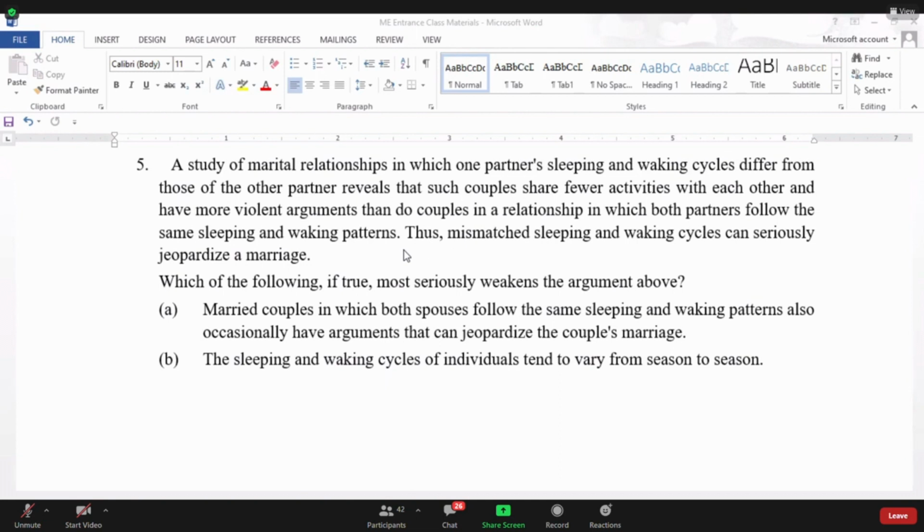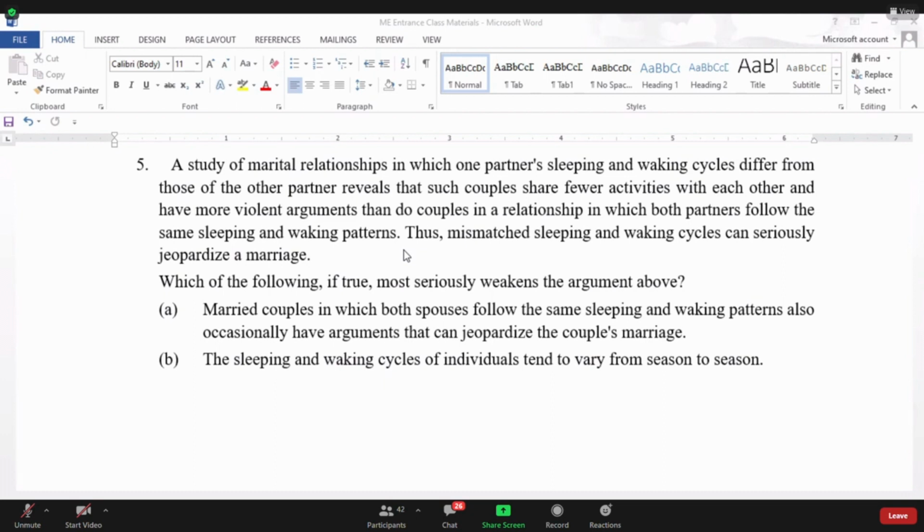Now, here it talks about two groups of marriage partners. In one group, both the marriage partners have the same sleeping and waking pattern. They go to bed at the same time. They wake up at the same time. In another group of marriage partners, they have different sleeping and waking patterns.